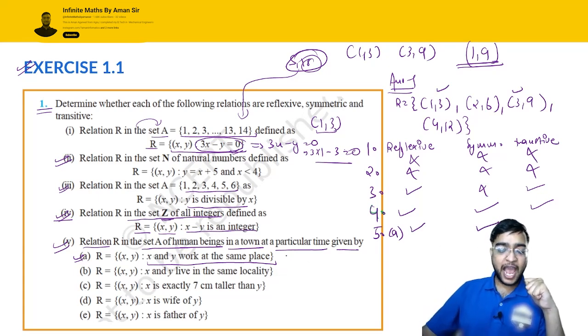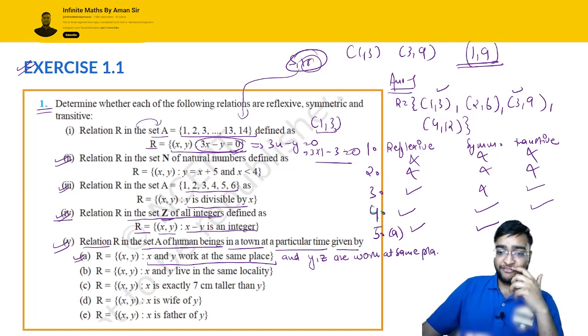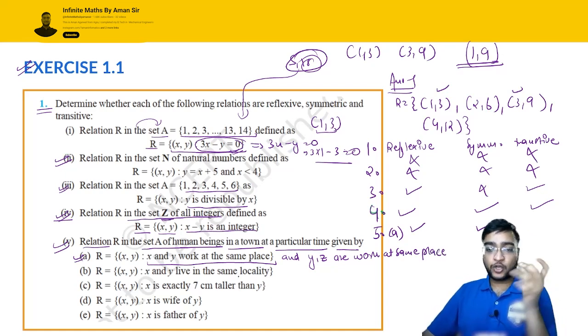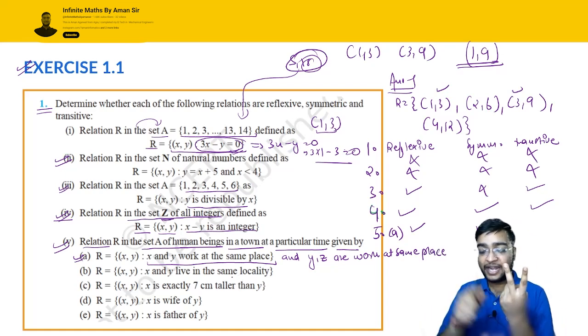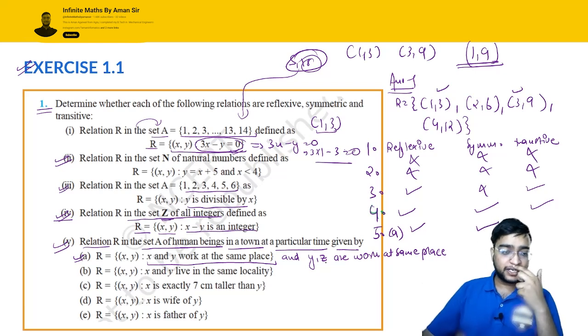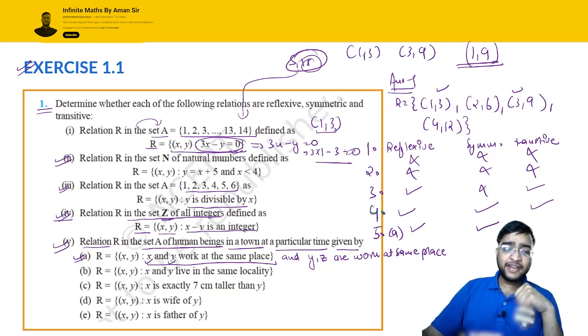Now for the transitive one, I take the condition: x and y work at the same place, and y and z also work at the same place.